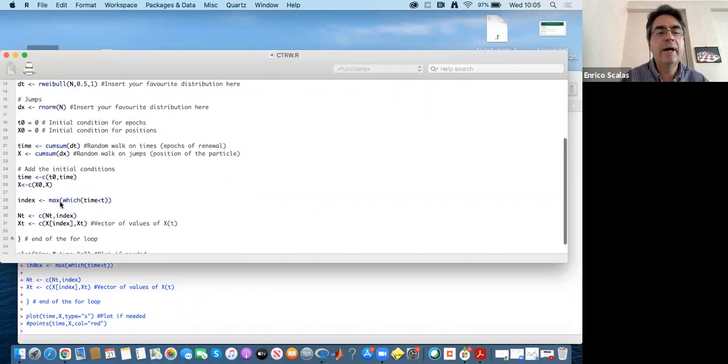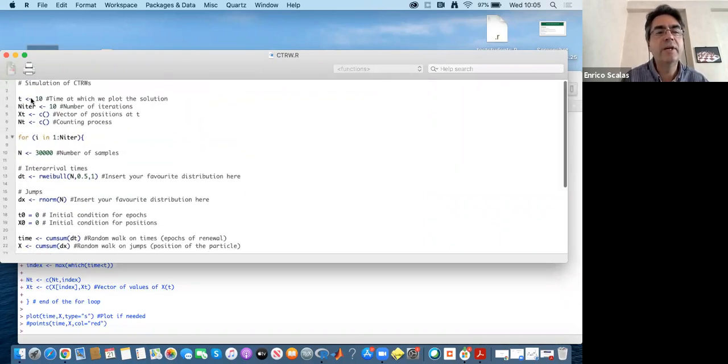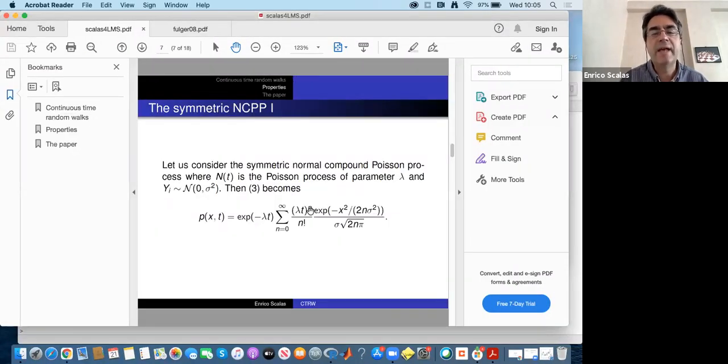Then by plotting the histogram of x of t at a chosen t, you can compare that histogram with this exact formula. Remember always that n equal to 0 has a delta function, so it will give you this spike at the origin that we have seen yesterday.